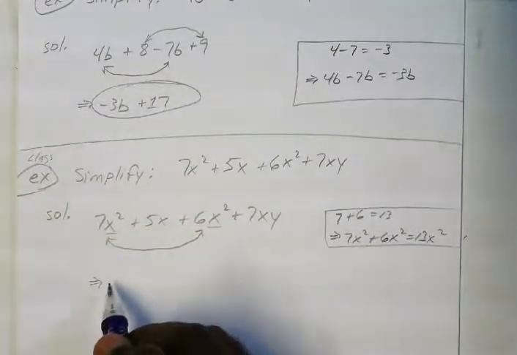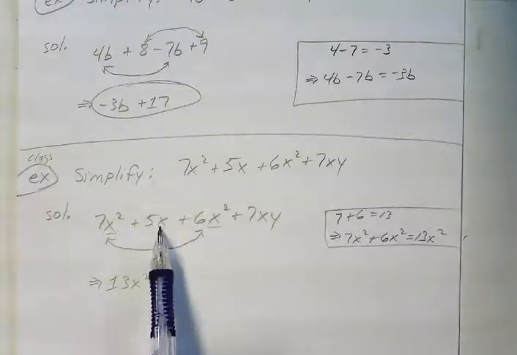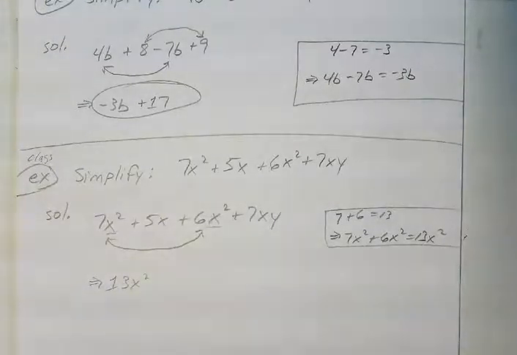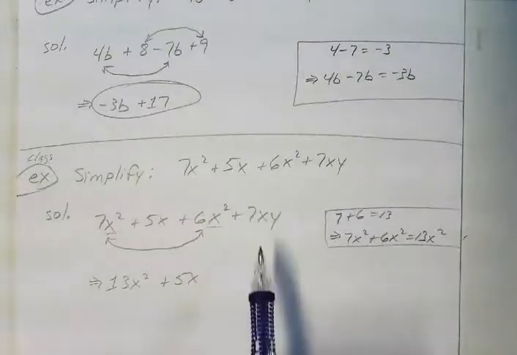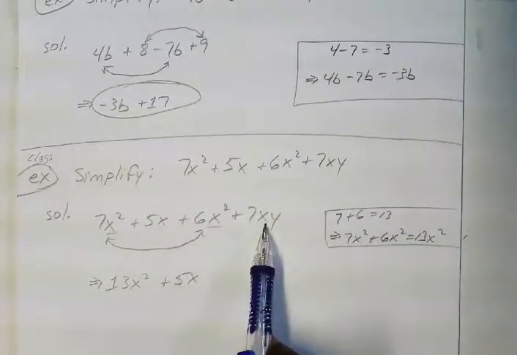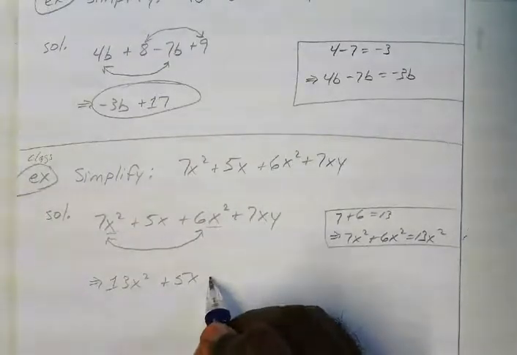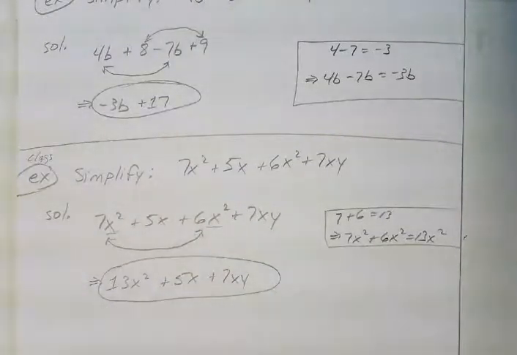Okay, so we have our 13x squared. 5x cannot be combined with anything, so you don't have anything else with just an x variable. So we leave that the same. Identical with 7xy. We don't have any other xy variables, so that stays the same. Okay, so that's how you would simplify your expressions.